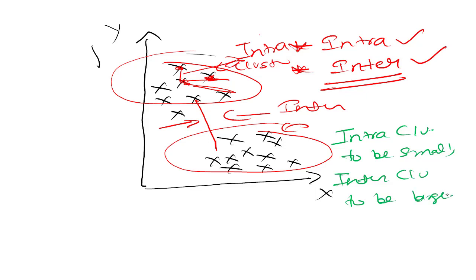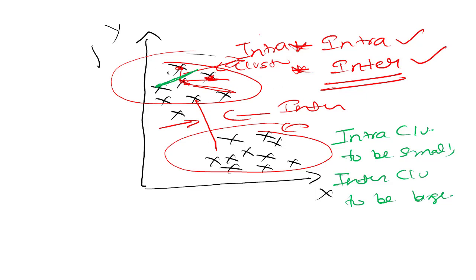Intra-cluster is the distance between this and this, and a cluster is a grouping of similar objects that are similar to one another. So they should be closest.